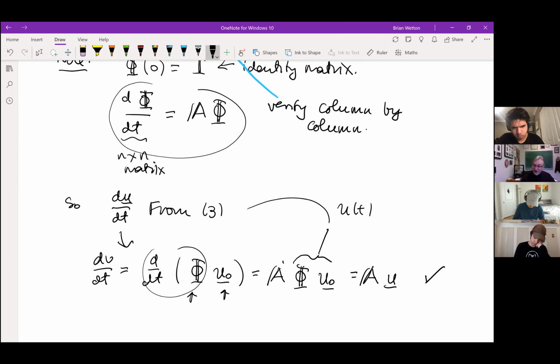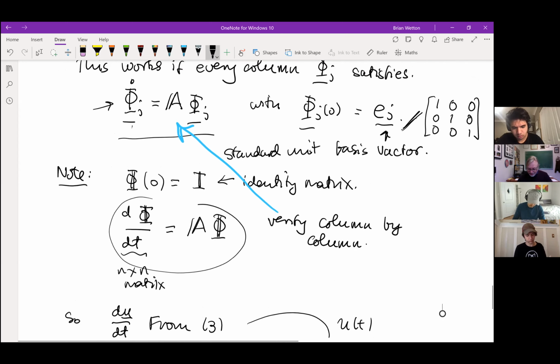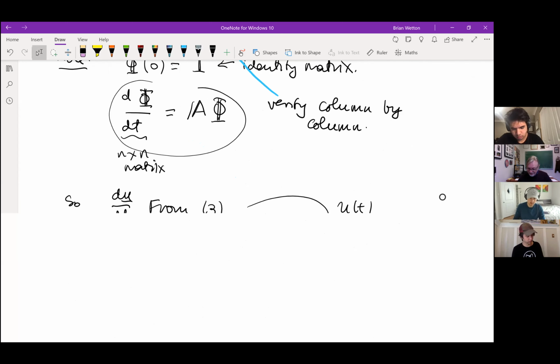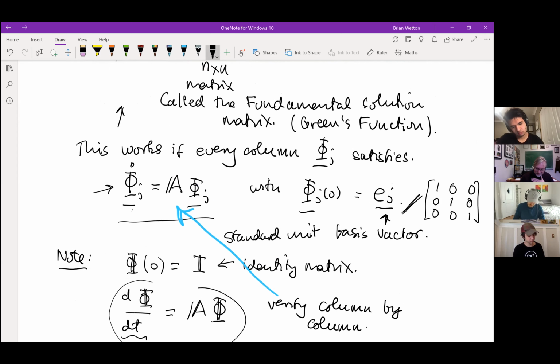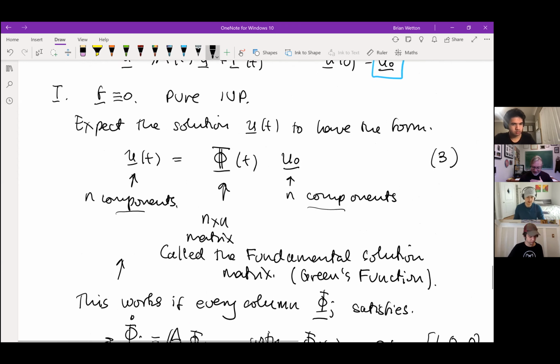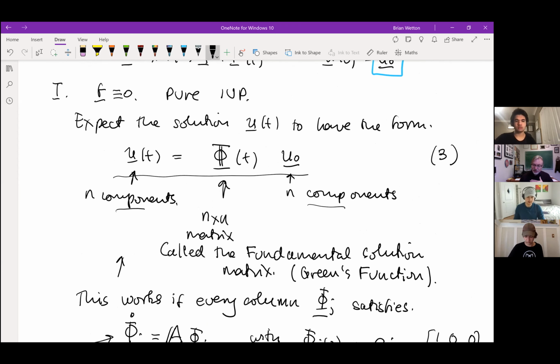And so I've shown, if I put all of this together, if I make a matrix by solving this problem for any initial conditions in the standard basis, and I put it together column by column, I can get any solution with any initial data just by multiplying by that matrix.